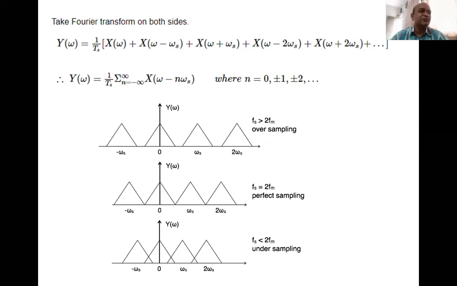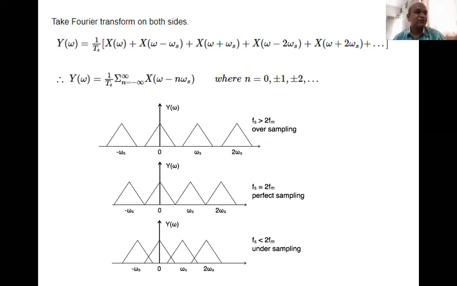Here the value of n varies from 0, plus minus 1, plus minus 2, and so on. Now if you put the value of n in this expression, you will get the earlier expression.